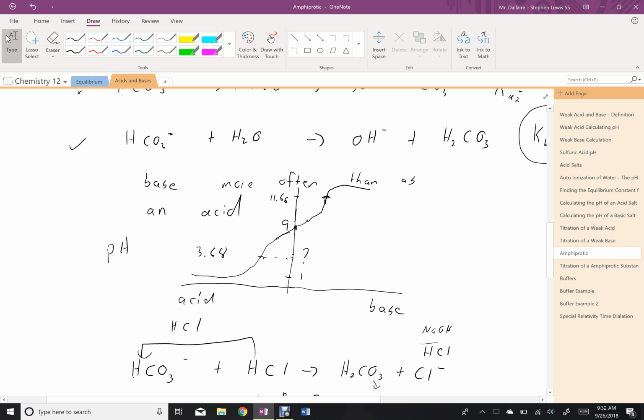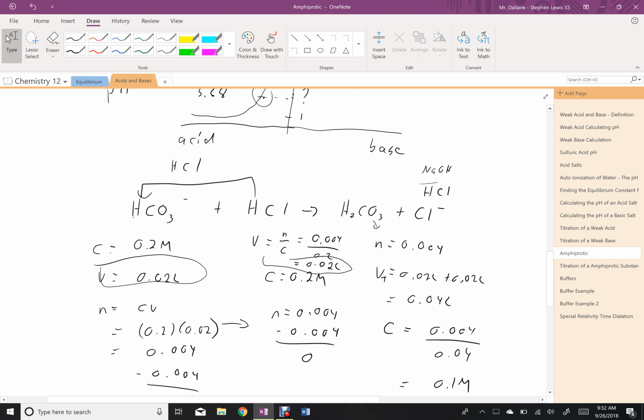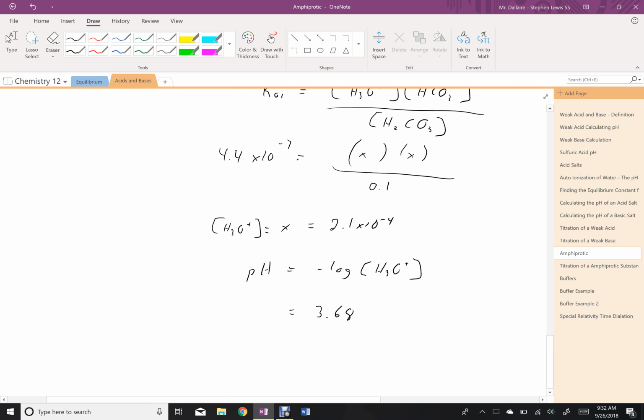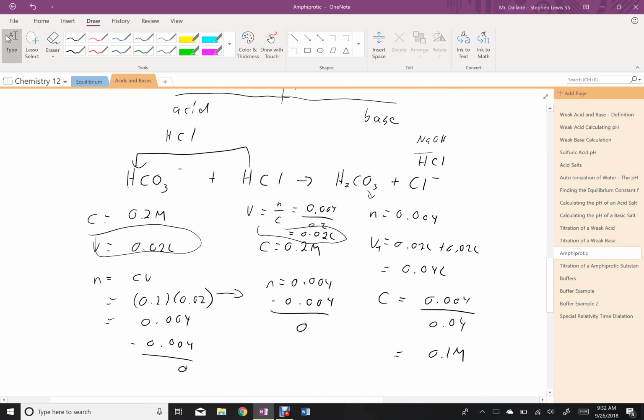So anyways, I can tailor my indicator so that it will change color at the pH of interest. And that way I can do titrations that don't necessarily have equivalence points where their pHs are 7. Again, if you have the Chemistry Nelson 11 textbook, this is on page 609. So that's how you can titrate an amphiprotic particle using an acid or a base and end up with two very different equivalence points.